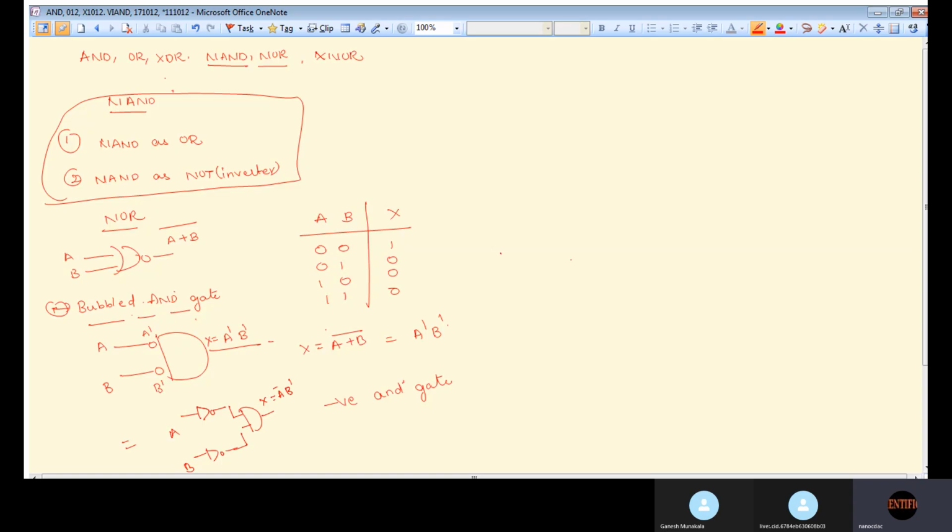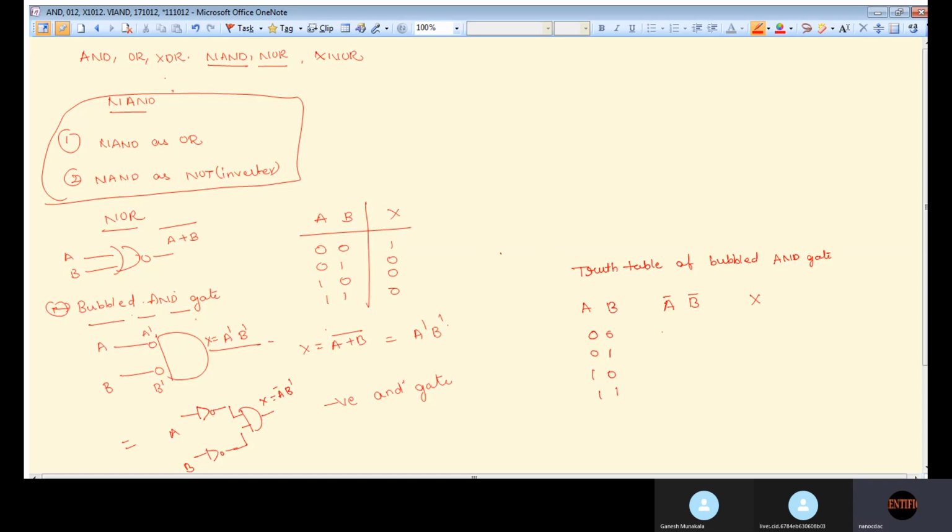Now let me write the truth table of this bubbled AND gate. A, B, the inverted inputs are A bar, B bar, and here the output is X. 0, 0, 0, 1, 1, 0, 1, 1.